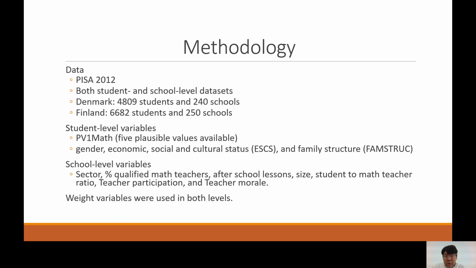It is similar to SES, but PISA was curated by the OECD. The OECD defines SES, socioeconomic status, with their own term, ESCS: economic, social, and cultural status. So economic, social, plus cultural, a kind of cultural capital.